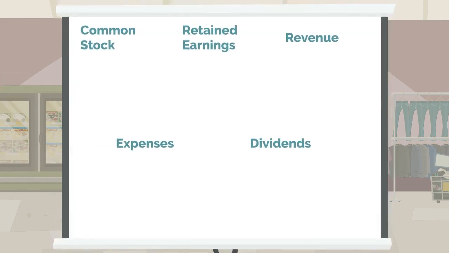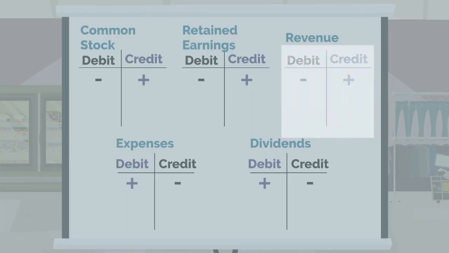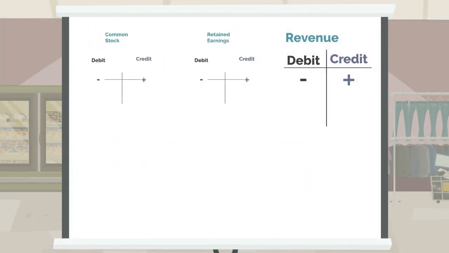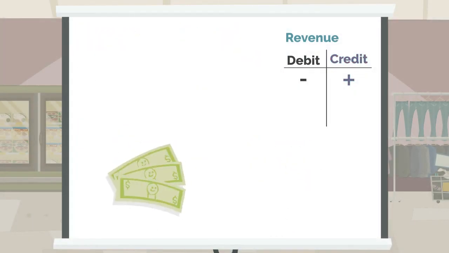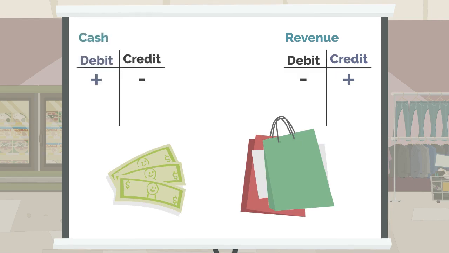The revenue account is a component of the stockholders' equity account, which tells us that revenues hold a credit normal balance. In this example, the firm is receiving cash for the sale. The increase in cash is represented by debiting the cash account, and the increase in sales revenue is represented by crediting the revenue account.